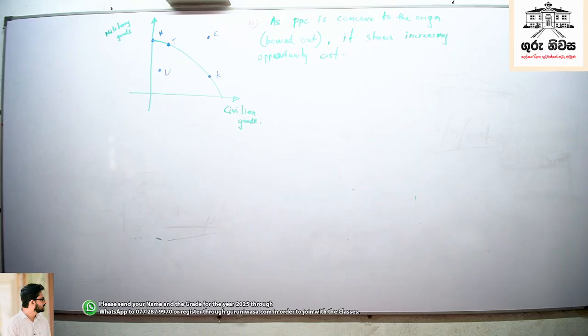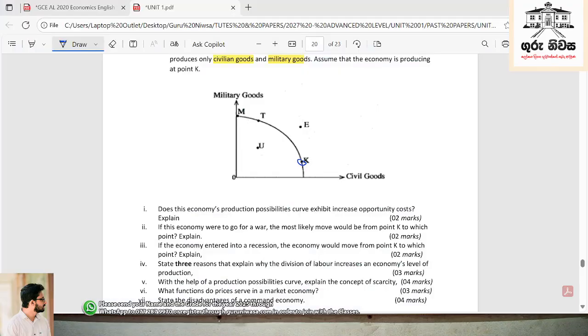Second one, any doubt? No, sir. If this economy were to go for a war, the most likely move would be from point K to which point? Explain.